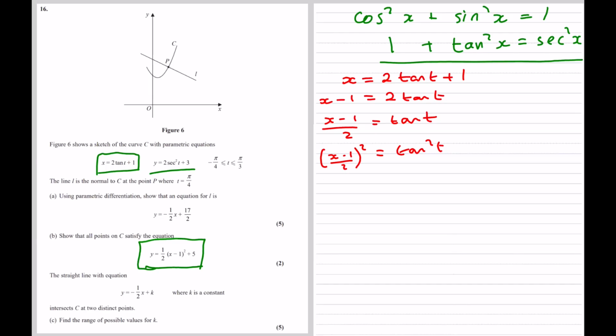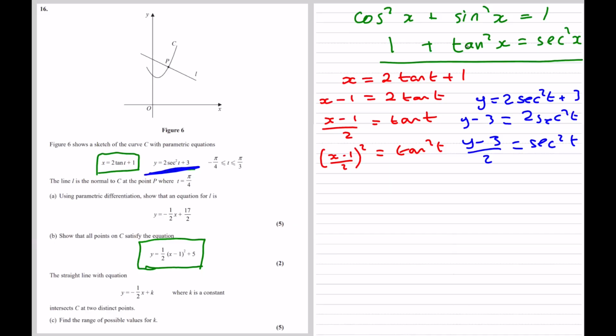How about sec squared t? That's actually easier. So we know y equals 2 sec squared t plus 3. Take away 3 from both sides and divide by 2. So there we have sec squared t and tan squared t.